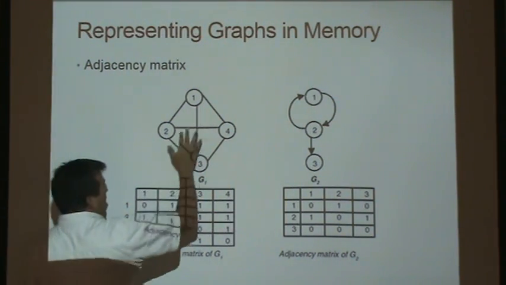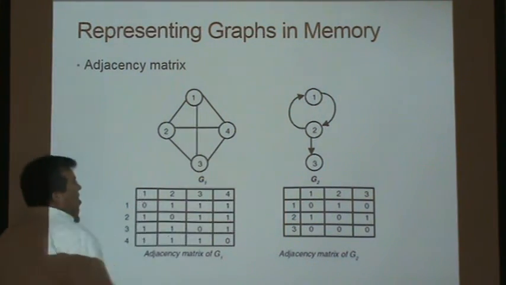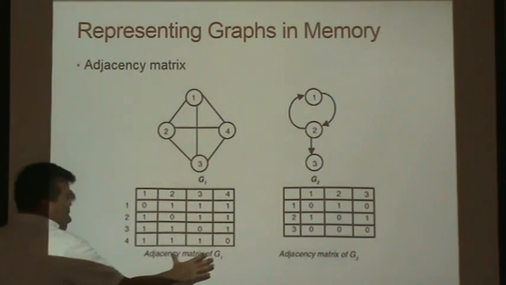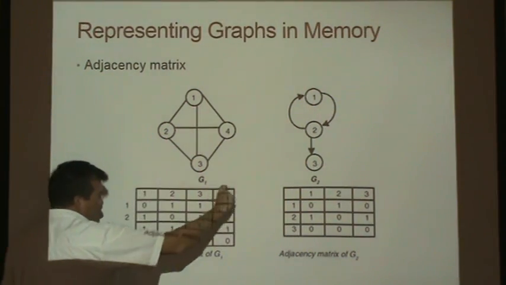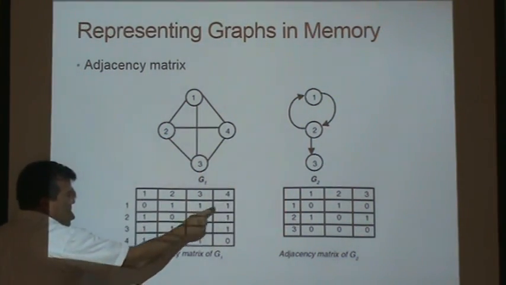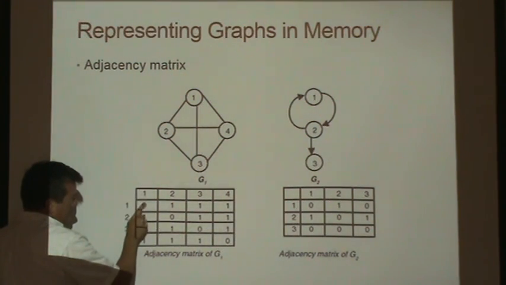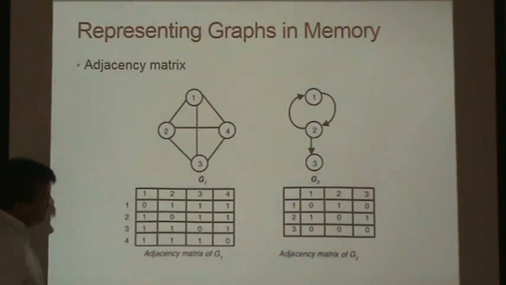So if we have a graph where 1 is connected to 2, and everything's connected to everything. With an adjacency matrix, we could say we have a 4 by 4 matrix, 1 to 4 by 1 to 4, and you put a 1 there to represent yes, they're connected, or 0 for not connected. 1 is not connected to 1, but 1 is connected to 2, 3, and 4.